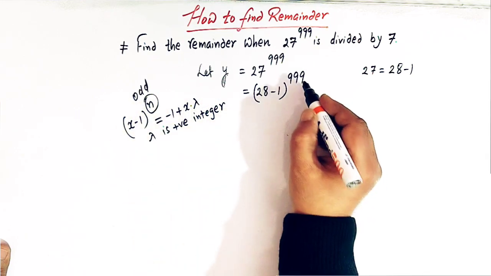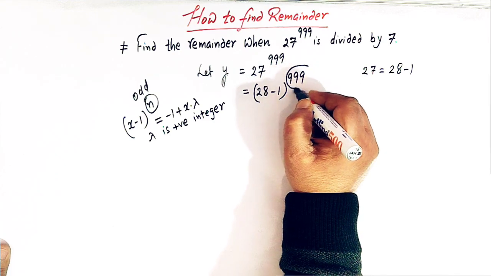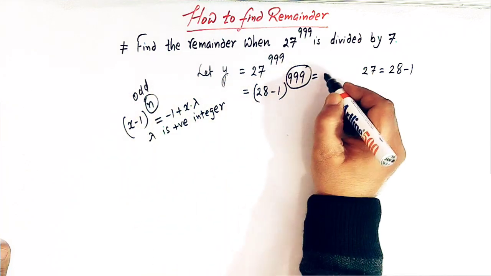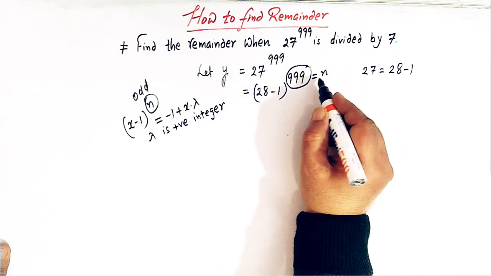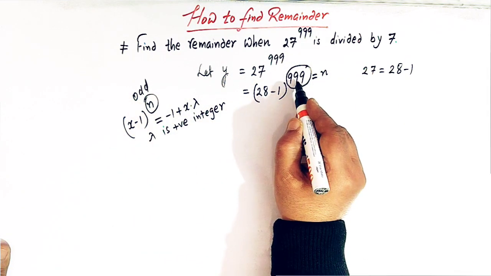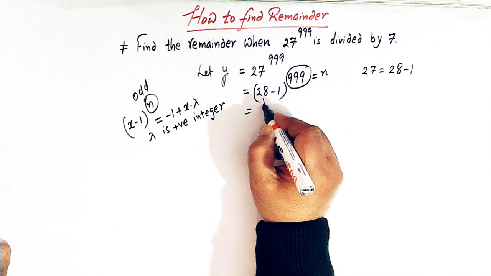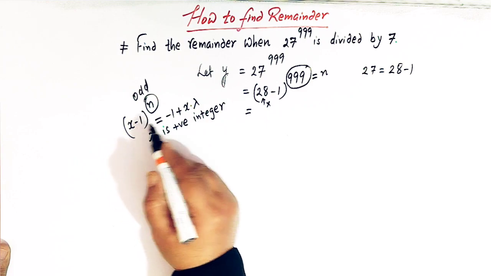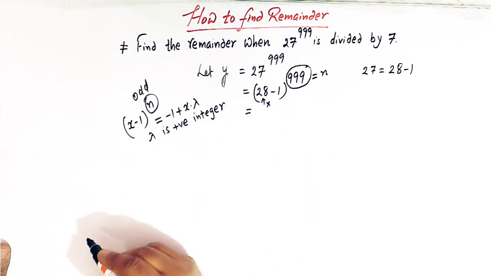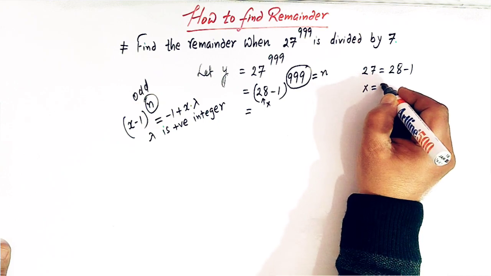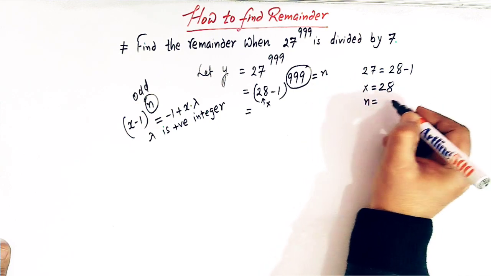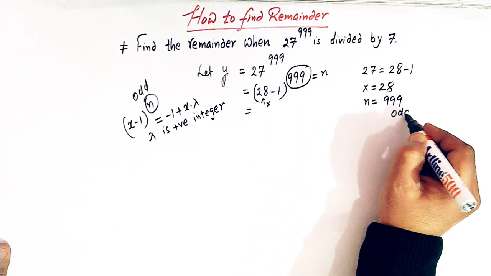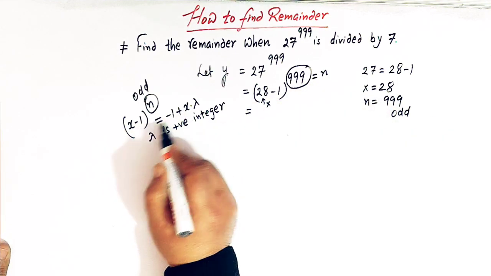So here we can see that 999 is an odd integer, that is the value of n is equal to 999. So the value of x is 28, because here we have 28 minus 1. So x is 28 and n is 999, which is odd, right? So we can use this result.